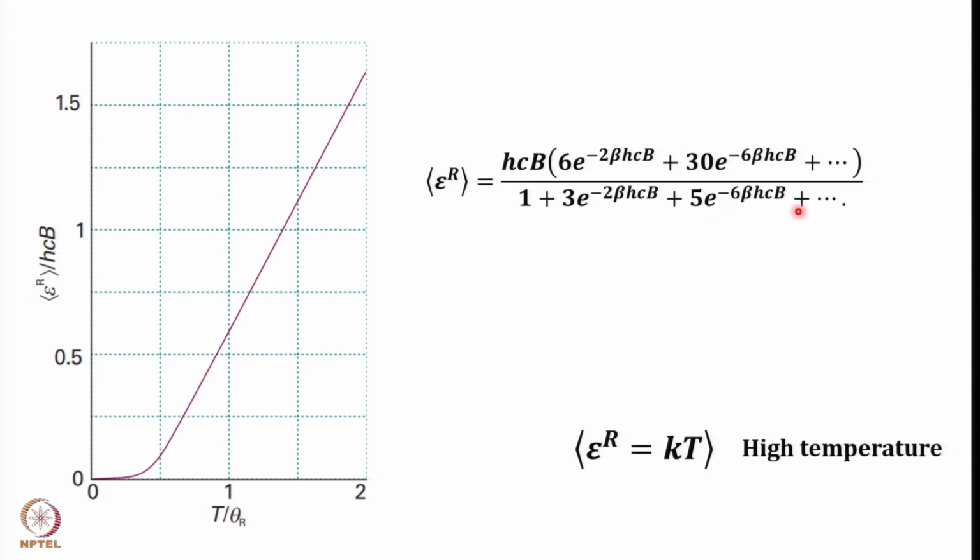In these expressions, B is the rotational constant, and beta represents the temperature in the form of 1 by kT. A plot of mean rotational energy versus temperature looks like this. Basically, the plot is represented as the ratio of mean rotational energy with hcB versus T by theta r.